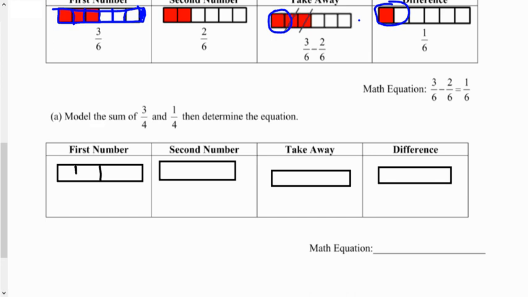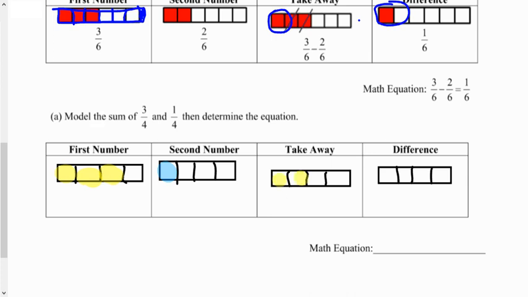So we'll go 1, 2, 3. Okay, so if we have 3/4, 1, 2, 3, and we want to take away 1/4, then all that we're going to be doing is we're going to take this much away from here. So 3/4, take away 1/4.